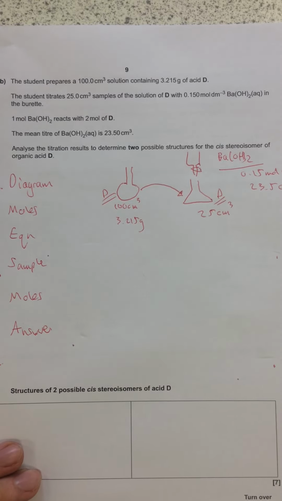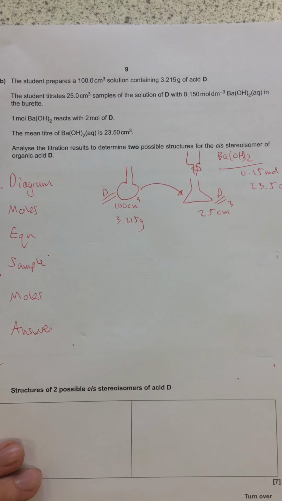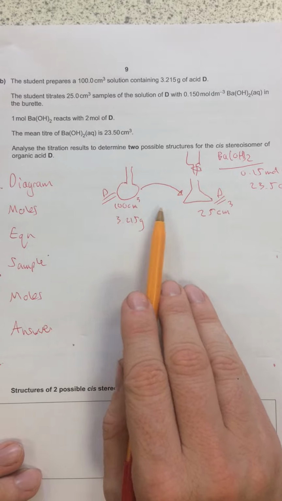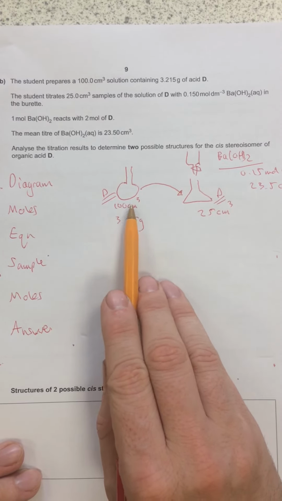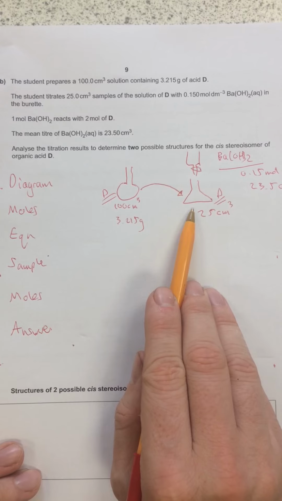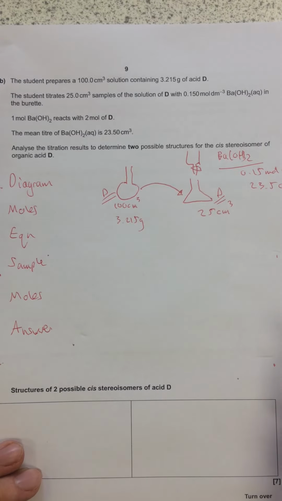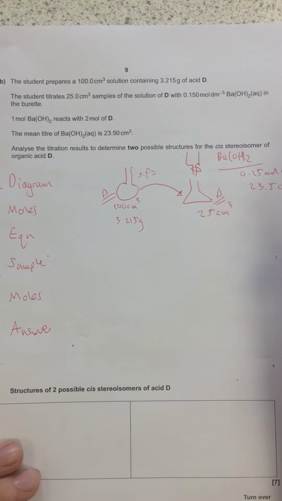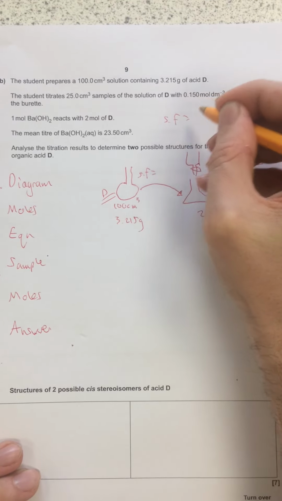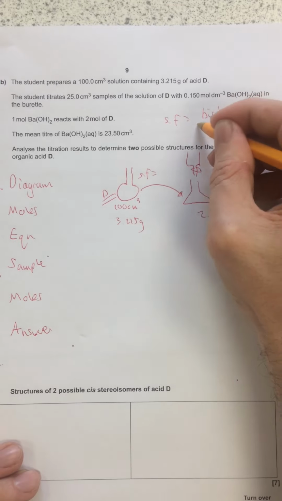Okay, we've done our diagram, the most important step, because it lets us see what's going on. So straight away I can tell what we've got here is a sample. We've got a larger volume and we've tipped out a smaller volume. So straight away let's calculate our sample factor. The sample factor is big V over small v.